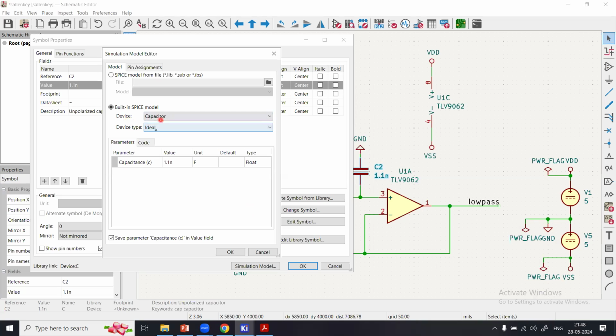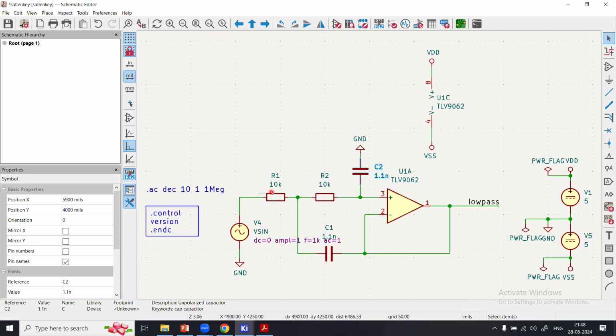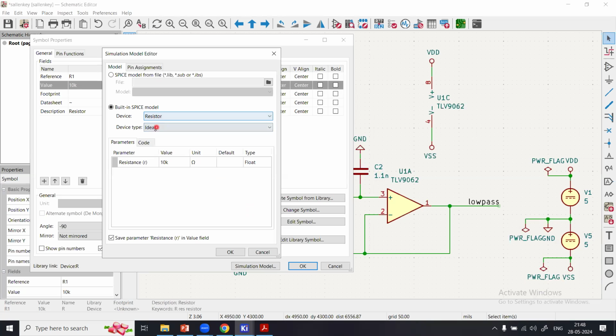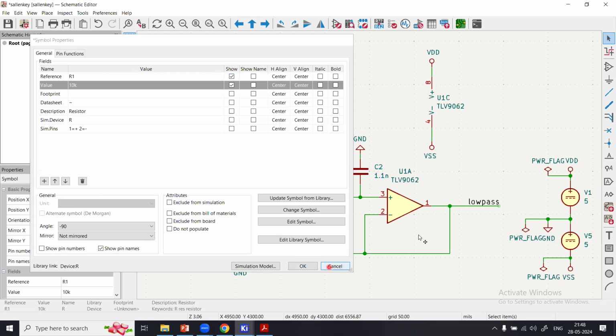Here the device is capacitor, and the device type is ideal. Similarly for the resistor, I have ideal. Let me show you for the resistor. Double clicking, I can choose the value here. Click simulation model. There is an ideal built-in SPICE model, 10K value. I have done that, so cancel.